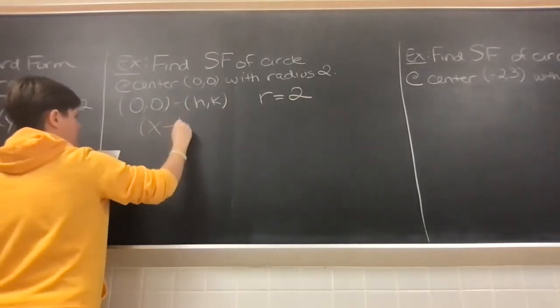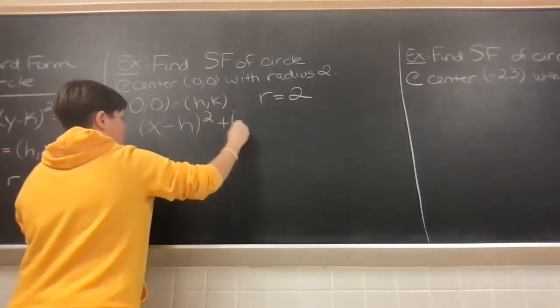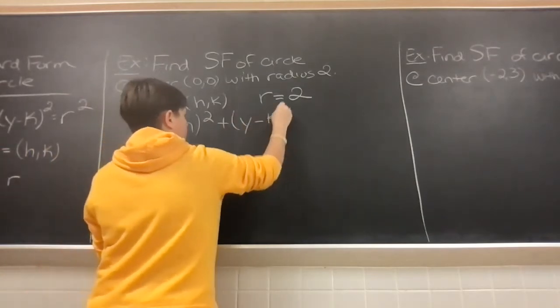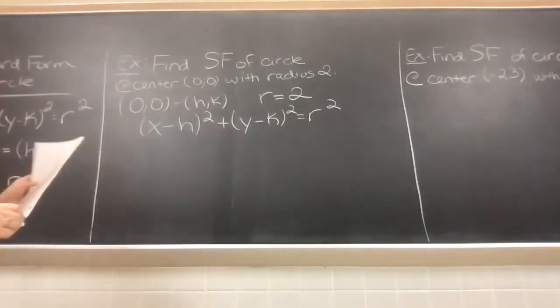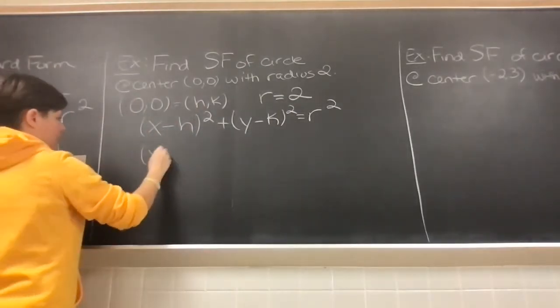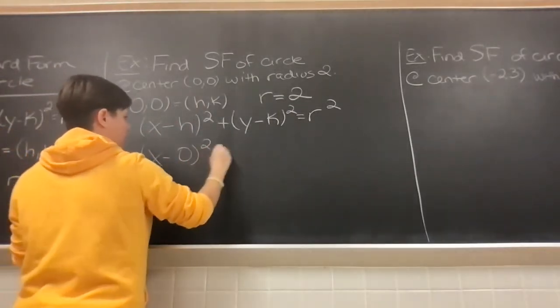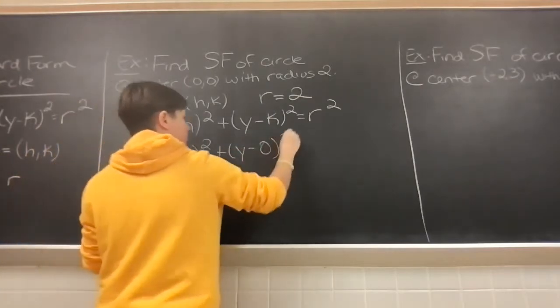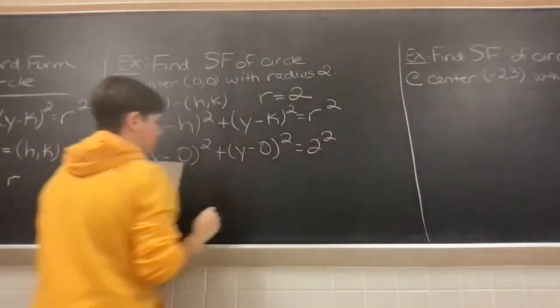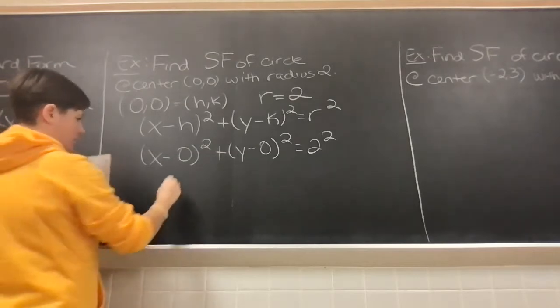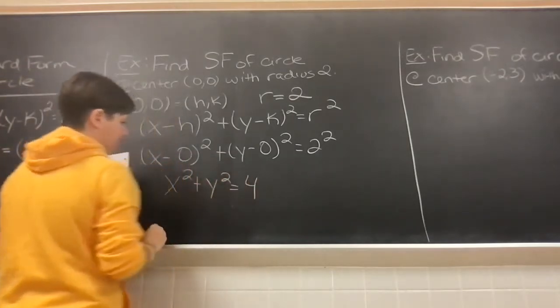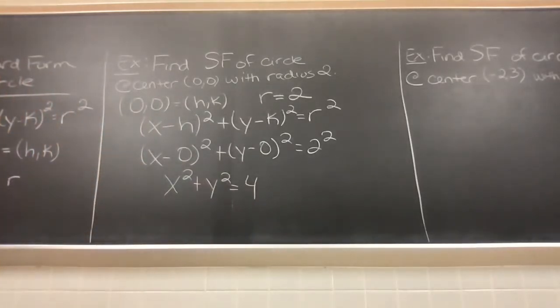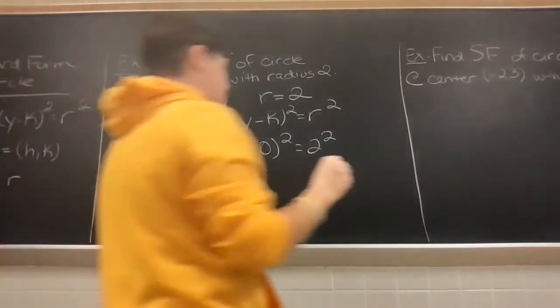All we're going to have to do then is plug that into our standard form. So we have (x minus 0) squared plus (y minus 0) squared equals 2 squared. That gives me x squared plus y squared equals 4. That is the standard form of a circle with the center at 0, 0 with a radius of 2.